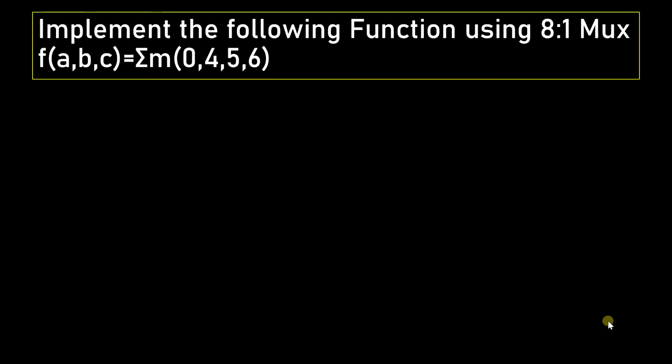In a similar manner, let us implement the next function using an 8:1 mux, where the function is given to be f of a, b, c equal to summation m 0, 4, 5 and 6. So here the function f has the variables a, b, c.